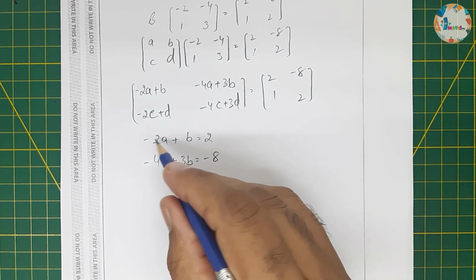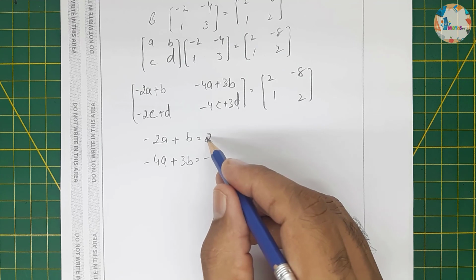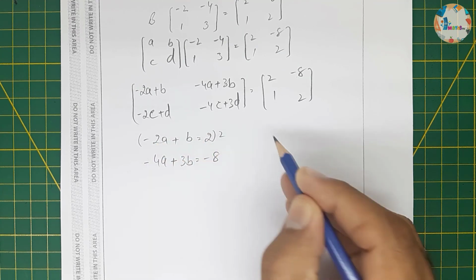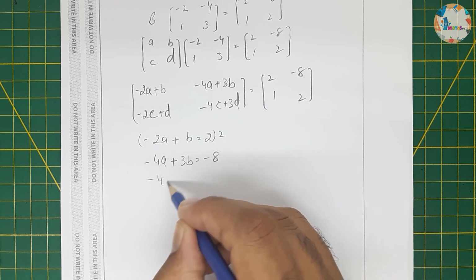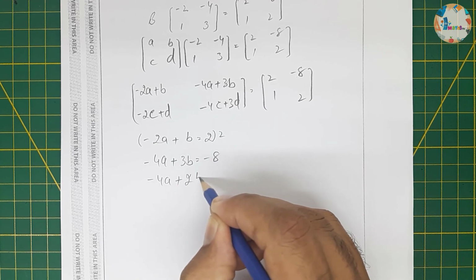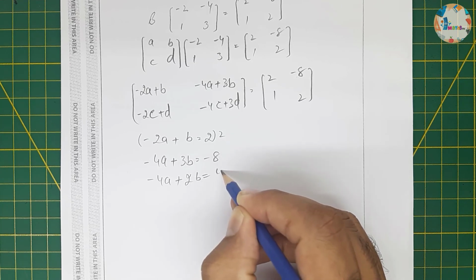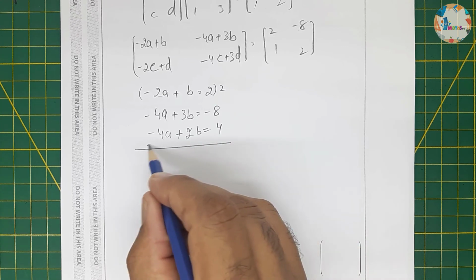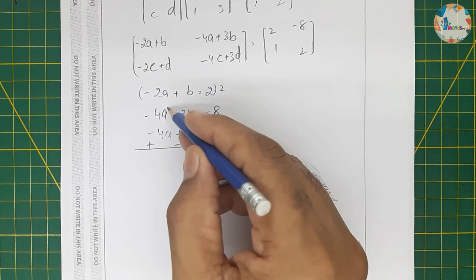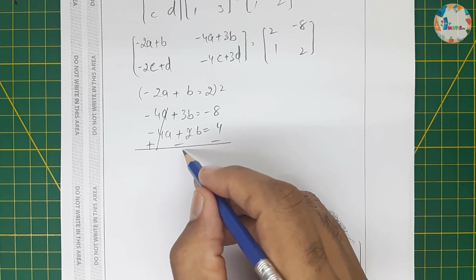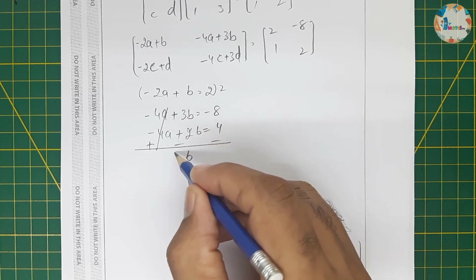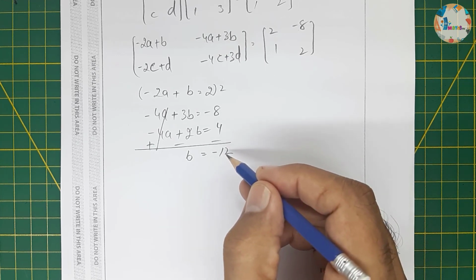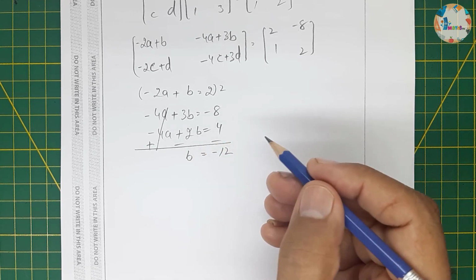Now we can multiply equation 1 by 2 to cancel a, so this will be minus 4a plus 2b is equal to 4. And now we can subtract, changing signs, so the a terms cancel, and 3b minus 2b will be b is equal to minus 12. Now this b value we got is minus 12.